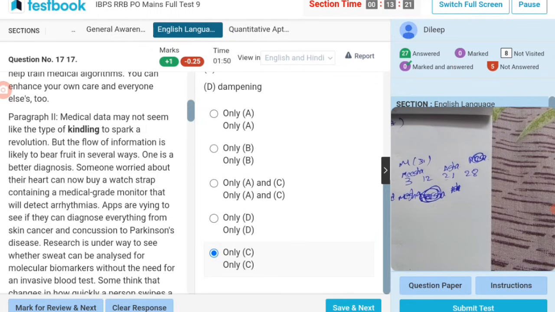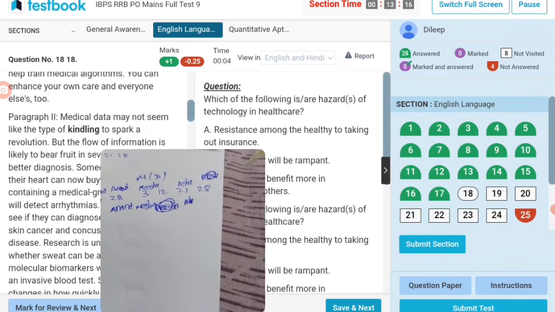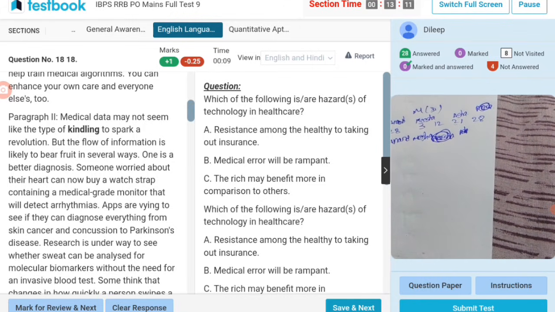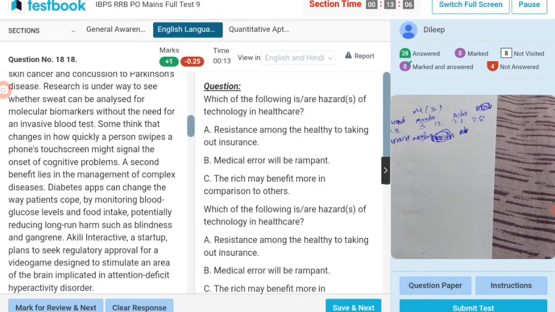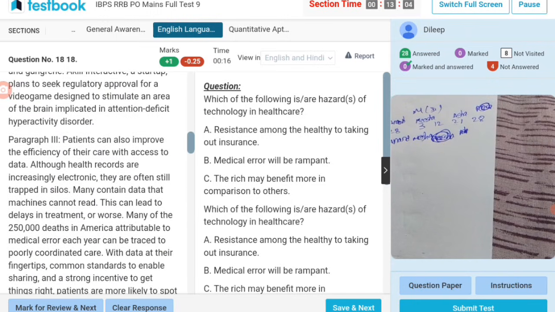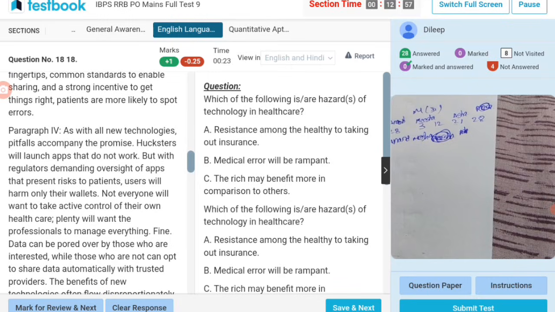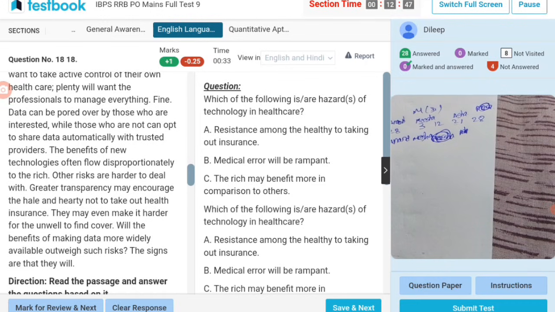So next is, which of the following is a hazard of technology in healthcare? So technologies in healthcare, search for the keyword. Technologies in healthcare.